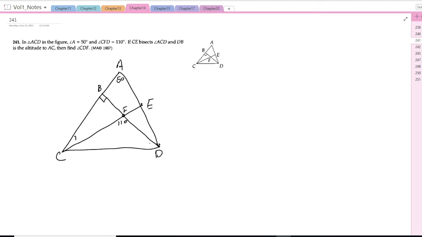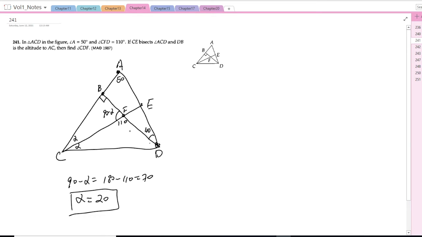Okay, so let's parameterize this angle as alpha and alpha. So we have a 90-degree triangle ABD, so this one is 40 degrees. Then what we know is this angle is 90 minus alpha. So we have 90 minus alpha equals 180 minus 110, which is 70. So we solve alpha equals 20, right?